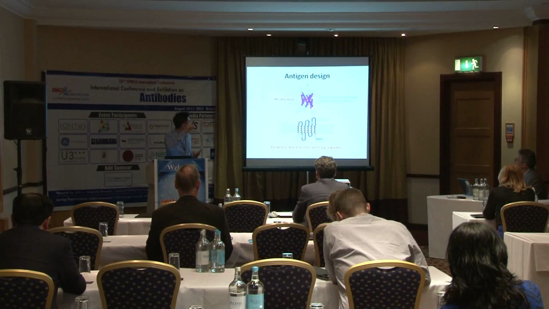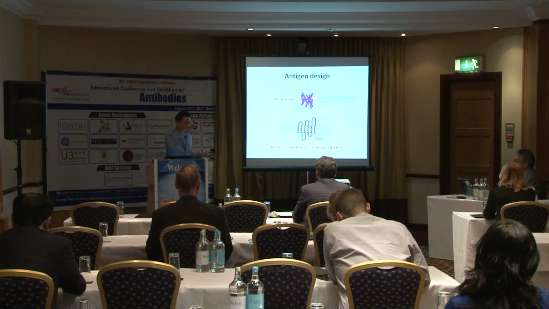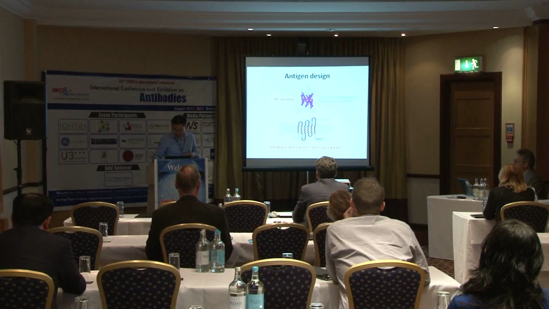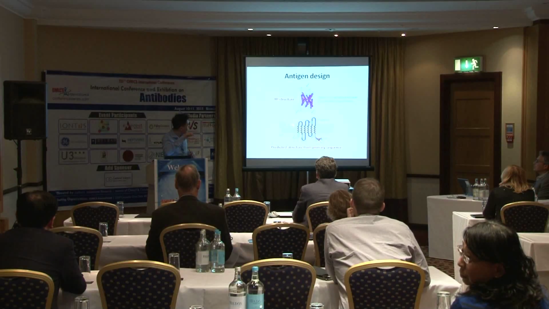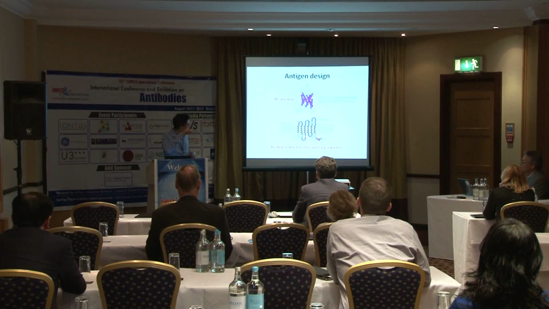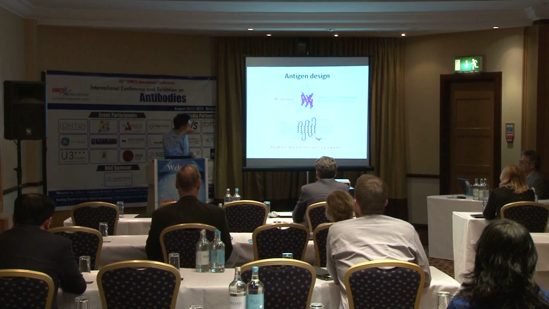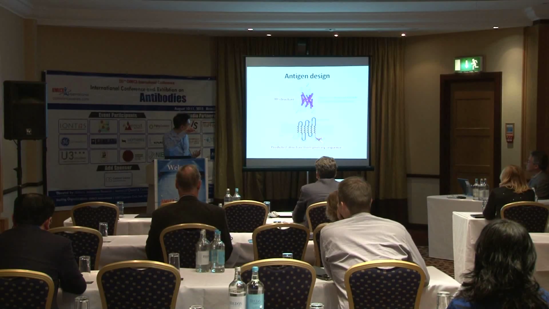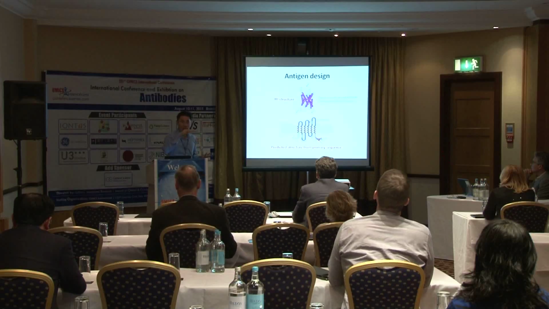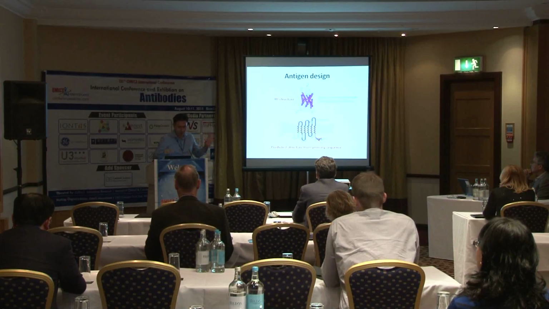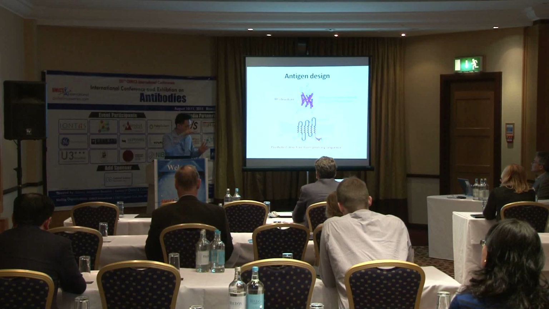You would rather pick a place that's sticking out, more hydrophilic, something that is exposed. Maybe you don't want to select a part that has modification. Those are the factors to think about.